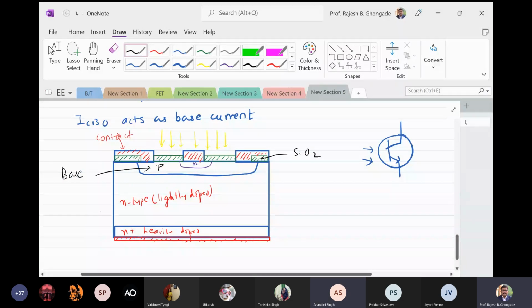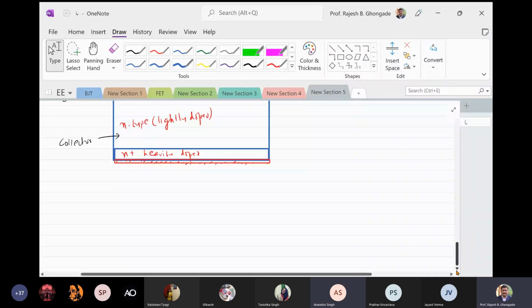And this is the collector. So you have an NPN structure. Okay. All right. Let us quickly see the characteristics.